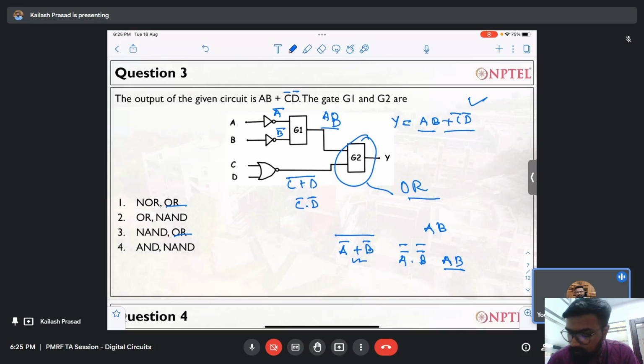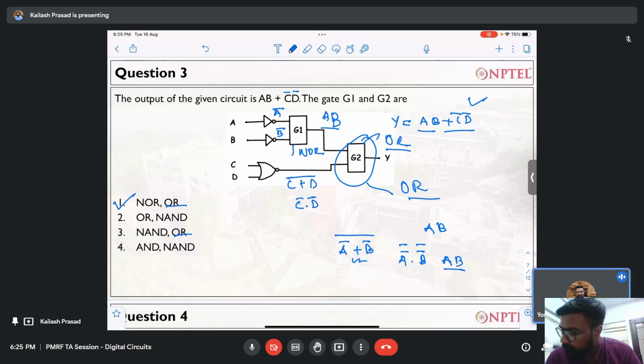So this is a NOR gate, this is a NOR gate, and this is an OR gate. Okay, so the answer is the first option. I hope this is clear to everybody? Yes, sir.